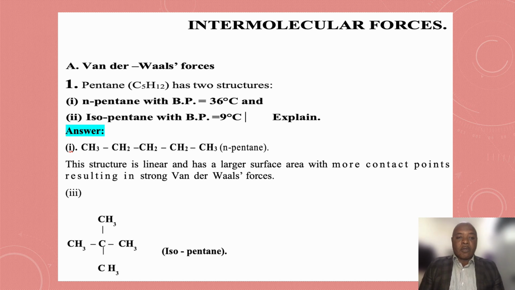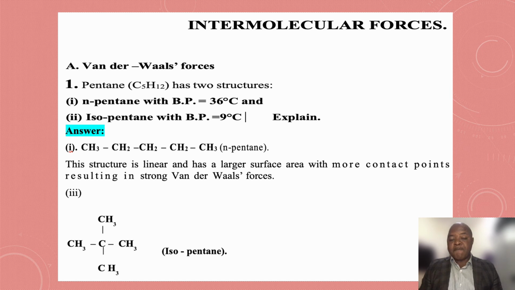So now, starting with the N-pentane, why is it having a higher boiling point than the other isomer, which is isopentane? This structure for N-pentane is linear and has a larger surface area with more contact points, resulting in strong van der Waals forces.